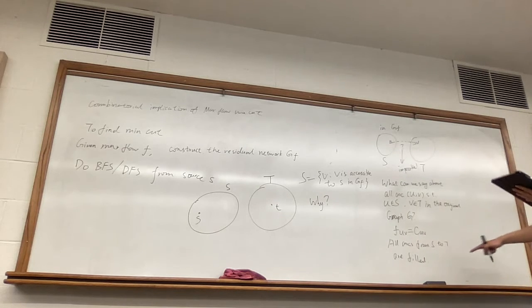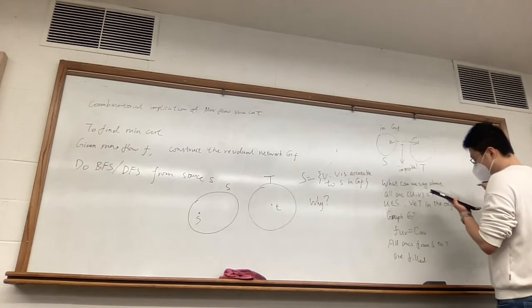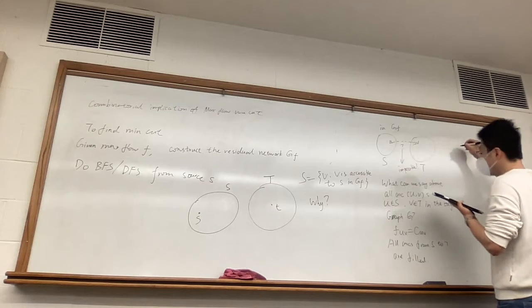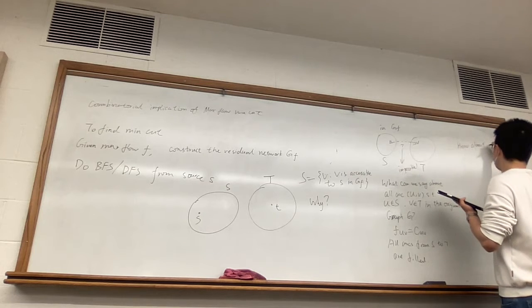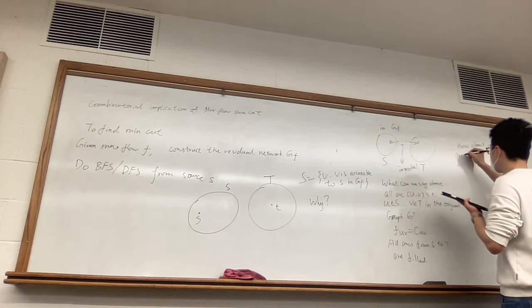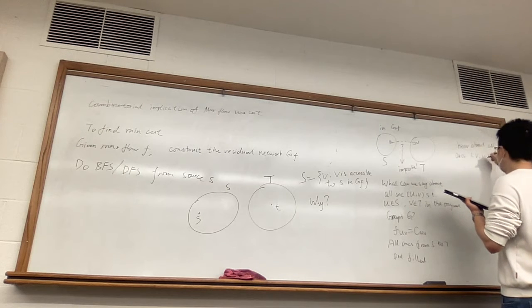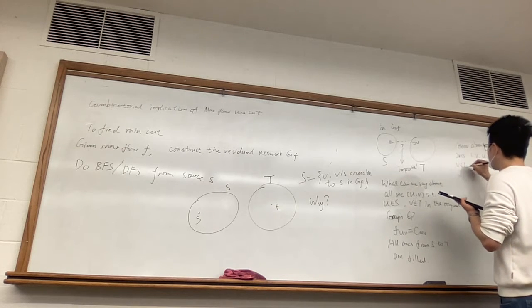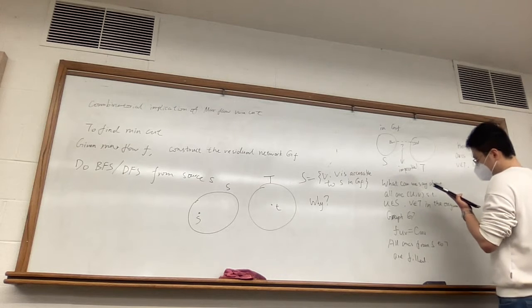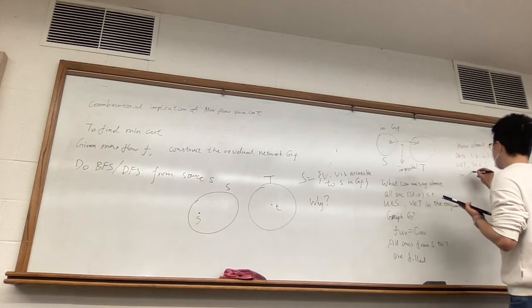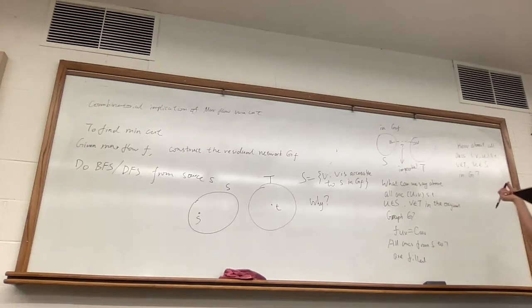Then how about all arcs VU such that V is in T, U is in S, in the original graph G? What can we say about them?